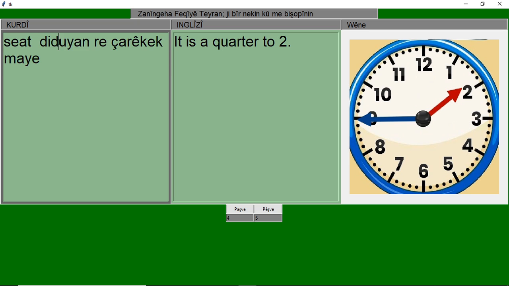Saat düdüyan re, çarikak maye. As I said, what is it? You simply put saat, you put the number, you put the deux. That became a, and that's it. Somehow it became the duyan re, çarikak maye.